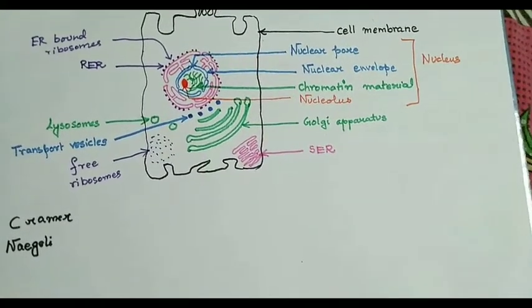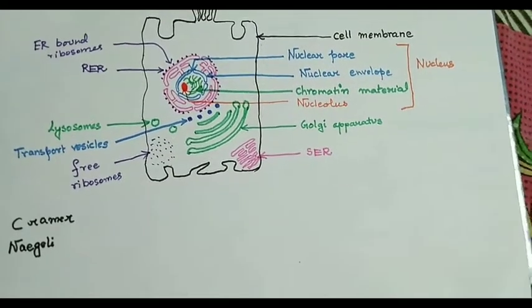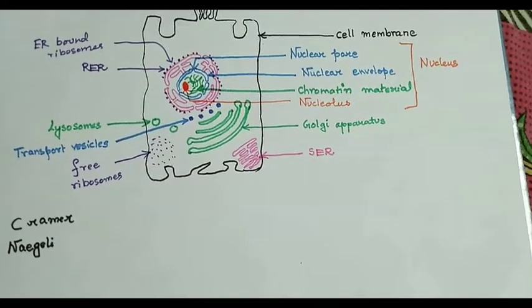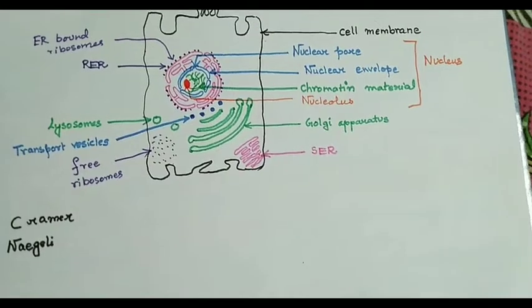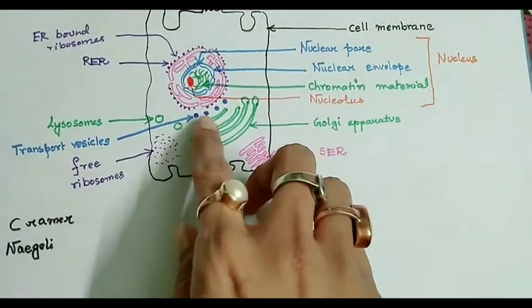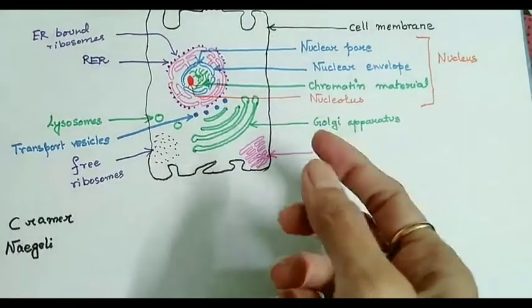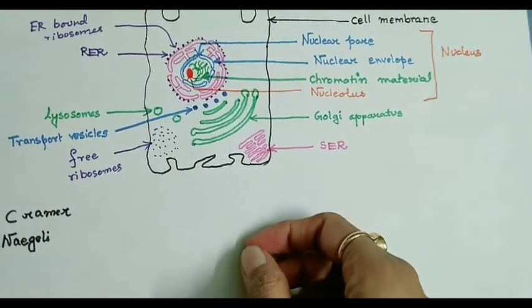So the Golgi body decides which protein will stay inside the cell and which will go outside the cell. This portion you have to remember. And the Golgi body also produces the lysosomes. And one thing I want to tell you, that these transport vesicles help to transport the proteins.